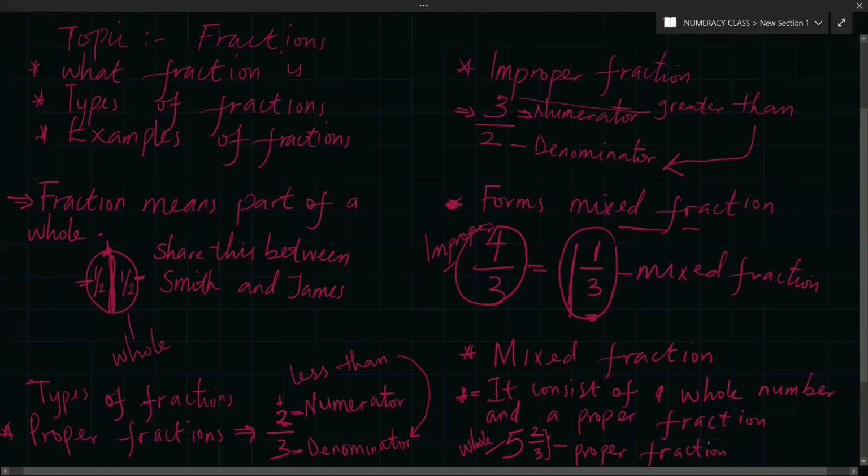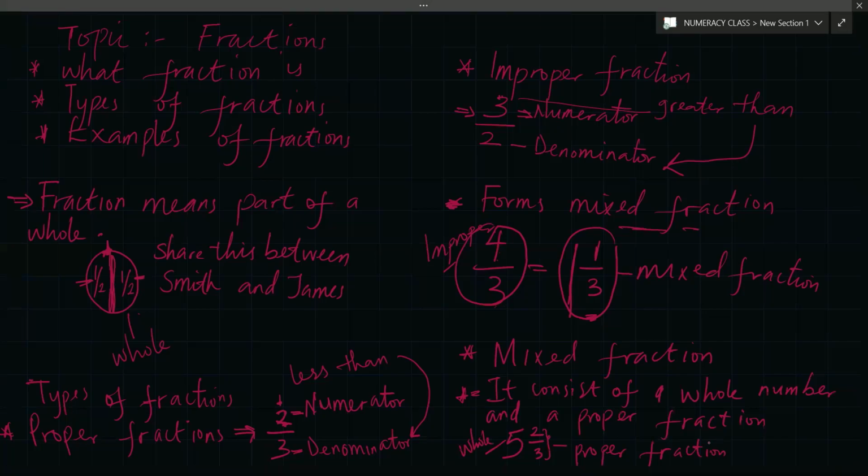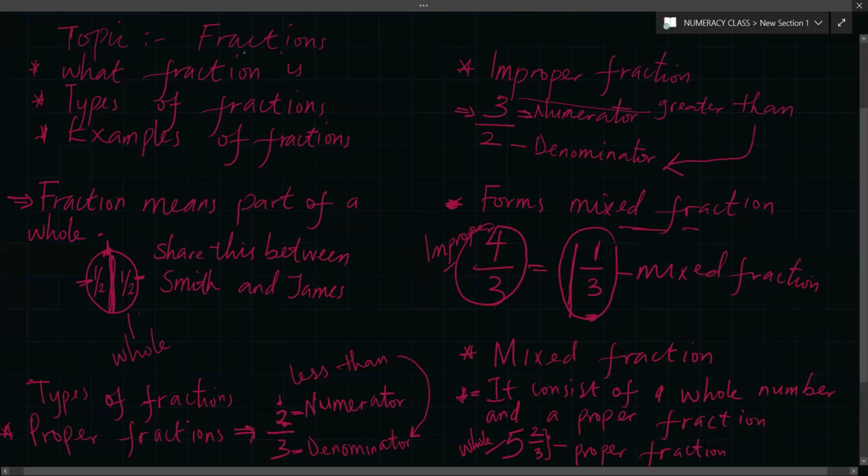So I'll quickly make a summary of this now. The topic for today is known as fractions, and we have looked at the 3 objectives. We said the definition of fraction means part of a whole.